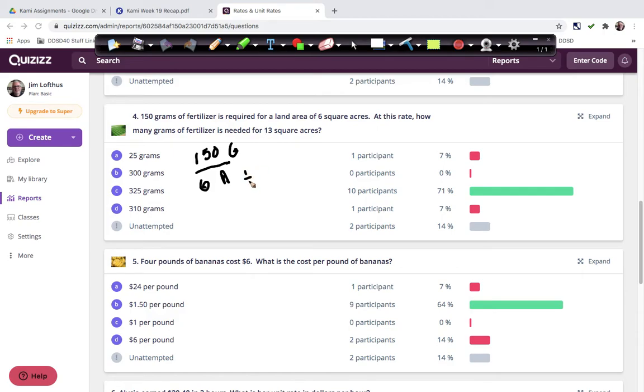So what I did for somebody in class was I divided this into a unit rate, which is 25 grams for 1 acre, and then multiplied that 25 grams for 1 acre times 13. 13 times 25 is 325. So that's how 71% of this class got that one.